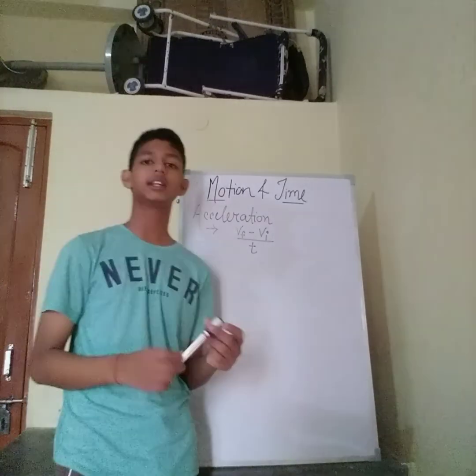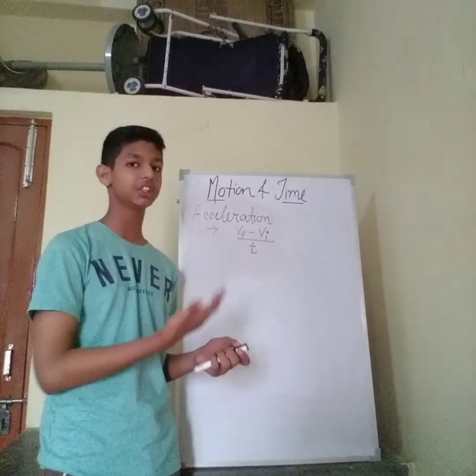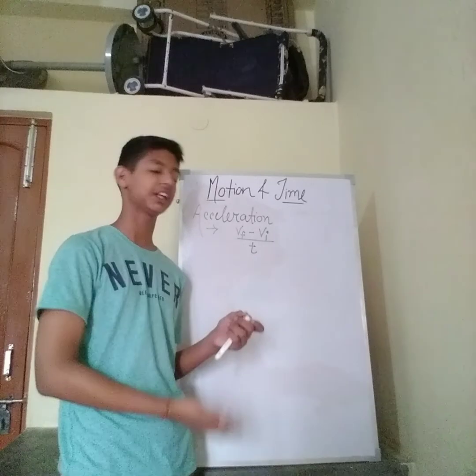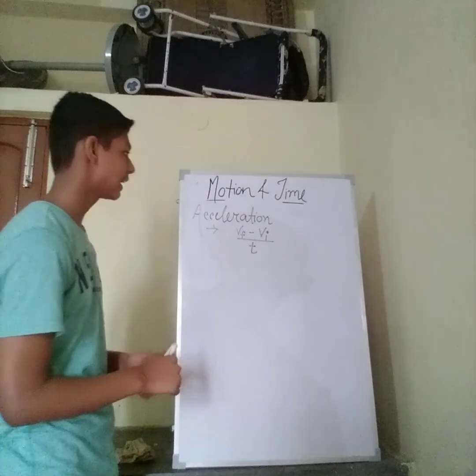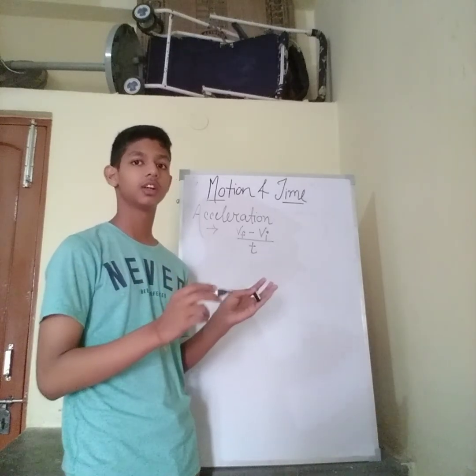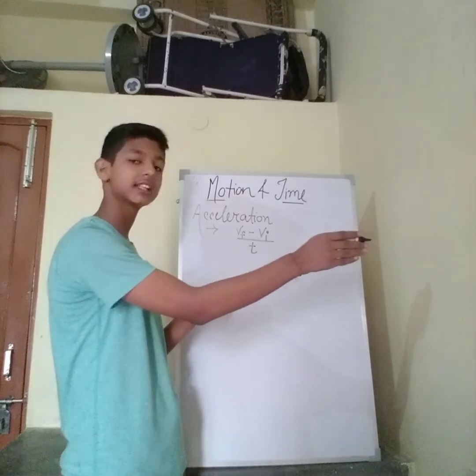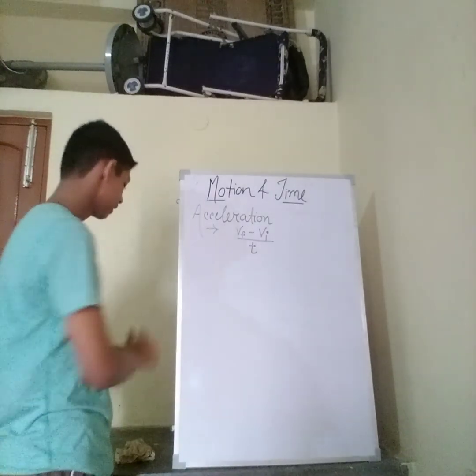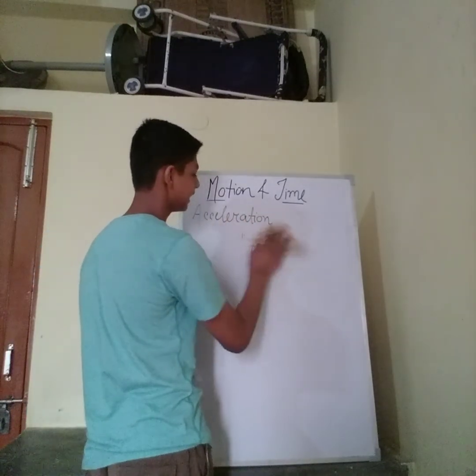Acceleration is a vector quantity, so it has magnitude as well as direction. Means acceleration is in the direction of its motion. Means if its motion is in this direction, the acceleration is in this direction. Okay, now we will see the term deceleration.